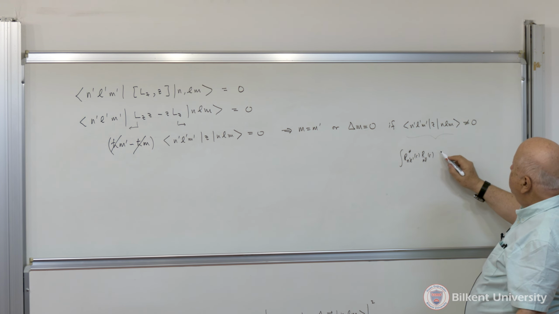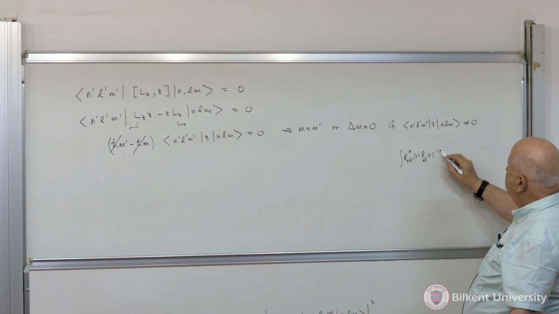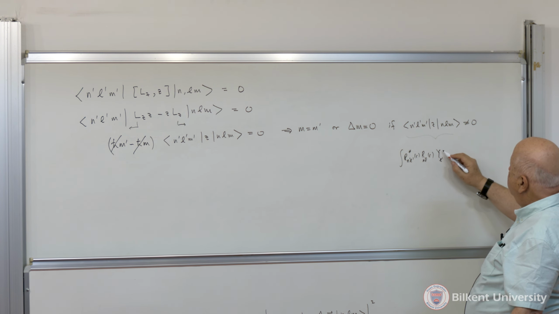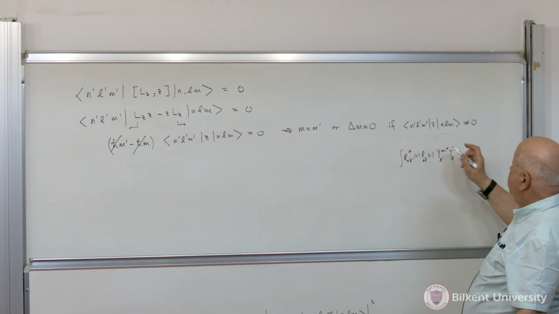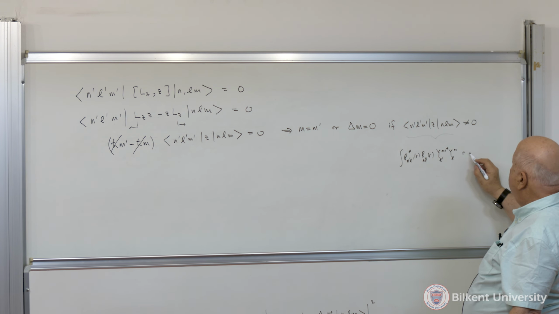But then there is the angular part, which is going to be Y l prime m prime complex conjugate and Y l m, right? And the expectation value is that of z, which is r cosine theta.